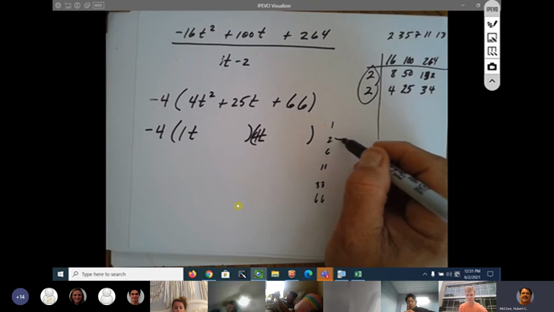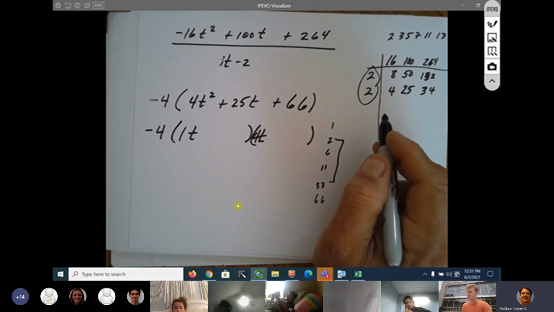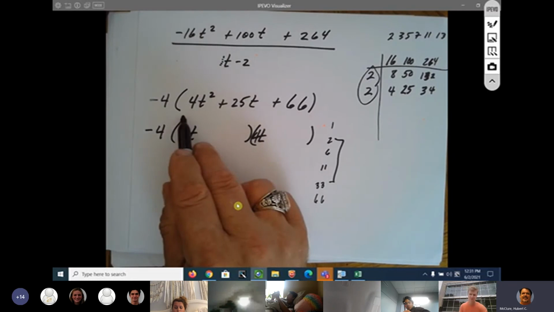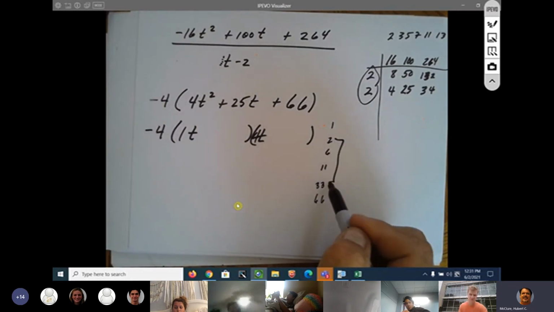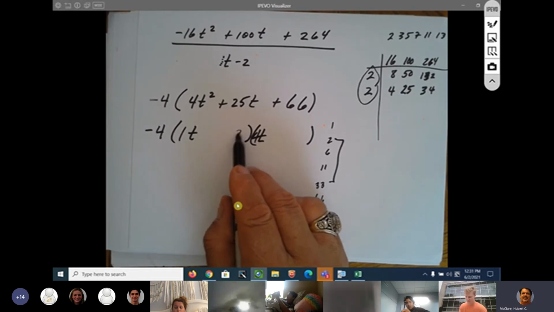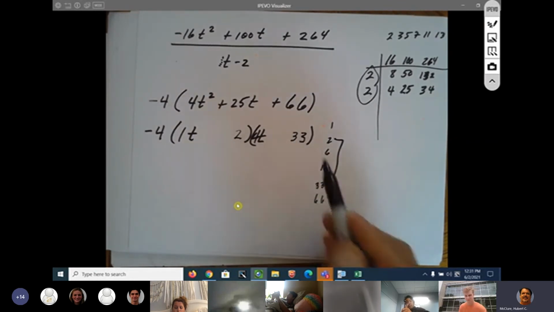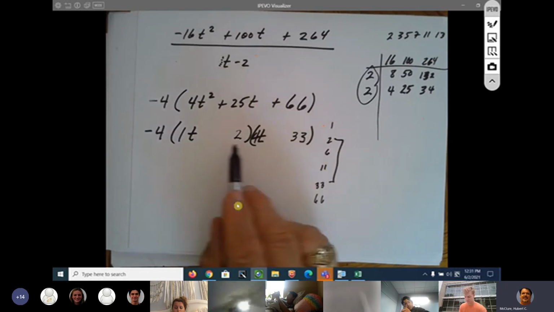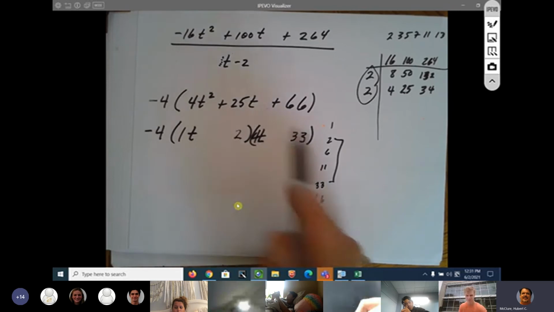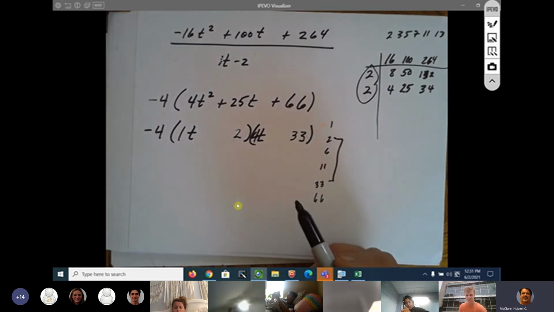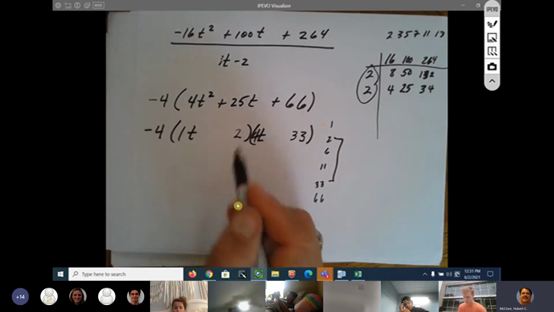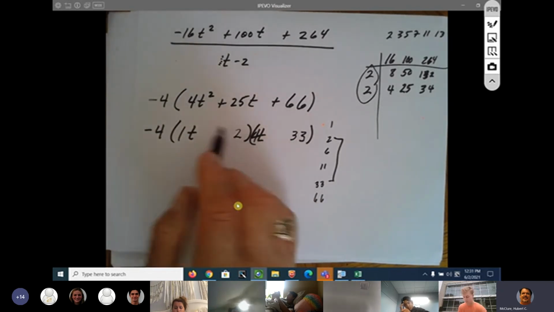That 2 and 33 look good. So let's do a 2. Maybe we shouldn't have factored out a negative 4. 2 and 33. 2 here and 33 here. What is 33 minus 8? Is 33 minus 8 25? I think it is, isn't it? Yes, sir, it is. And we need to keep that negative in there because that's going to mess things up.